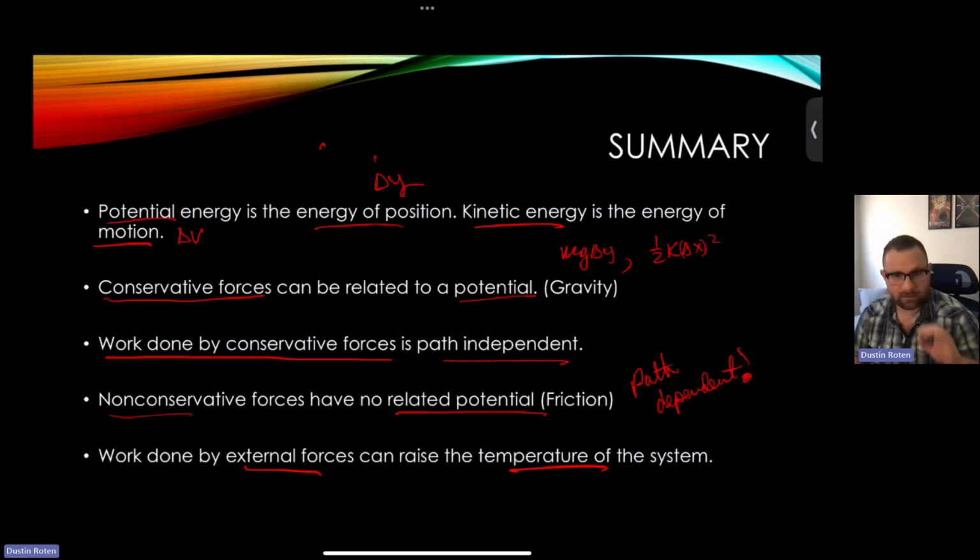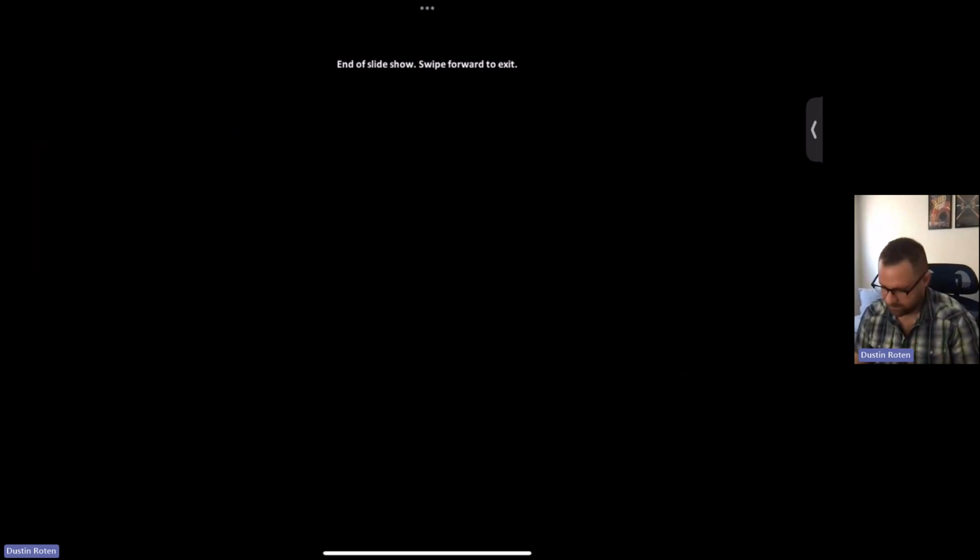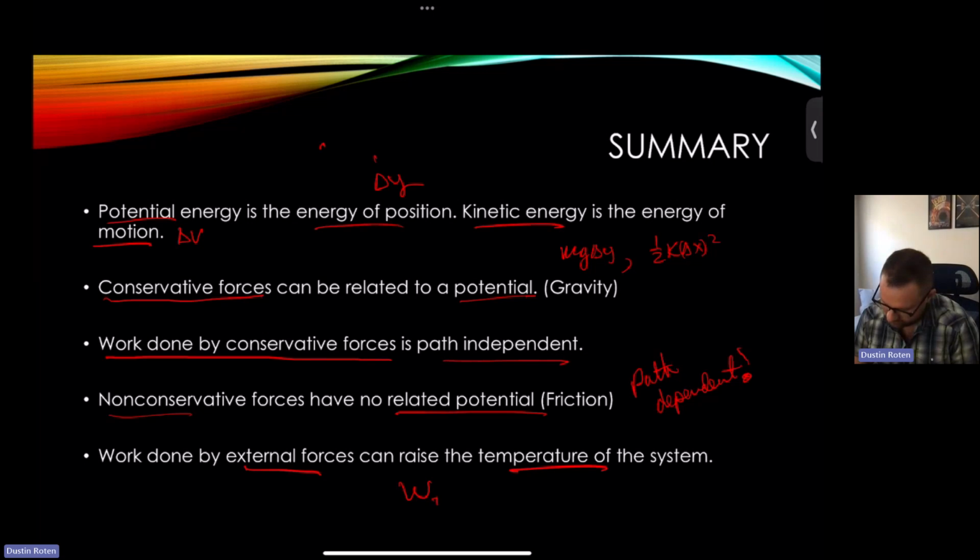Okay, so we showed that in the previous slide, where the work done by tension was going into E thermal. And we also related that, well, the work done by tension is the same thing as just friction, also going into E thermal.